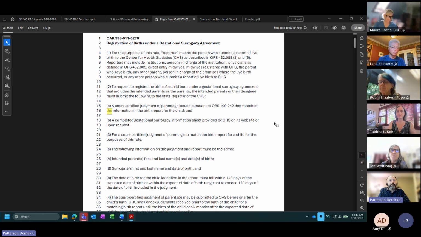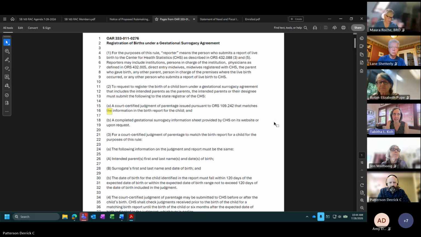Other feedback on this section? Yeah, Tabitha. Am I coming through okay, my volume? Yes. Okay, thank you. This is, I guess, a state of Oregon policy or practice decision, and I'm not necessarily opposed to it, but the statute does make the intended parents presumed parents, regardless of whether or not they have a judgment of parentage already in place.